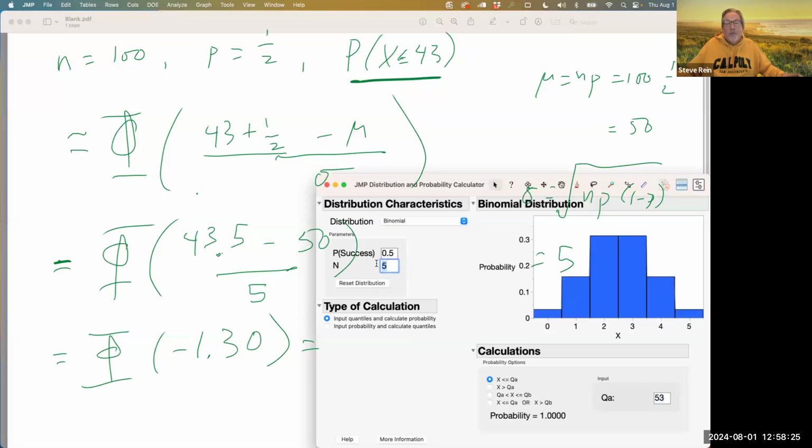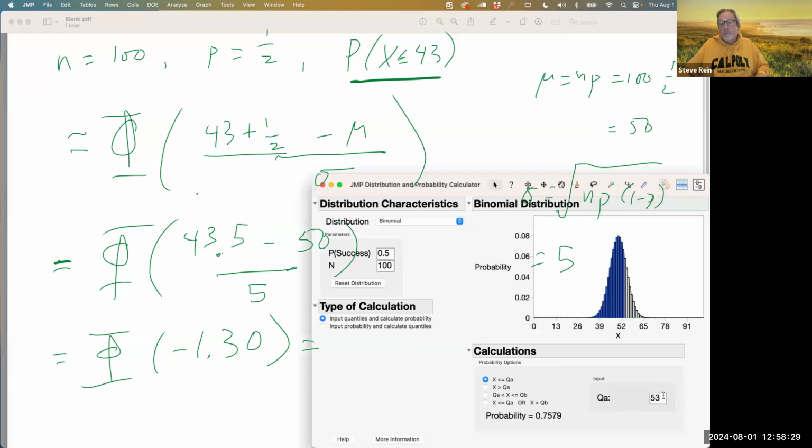N should be 100 here. Okay, and now 43. So 0.0967 relative to the 0.0968. Yeah, we're pretty close. And you can even see that this binomial distribution in shape is about the same as a normal distribution in shape. So not a bad thing to do.